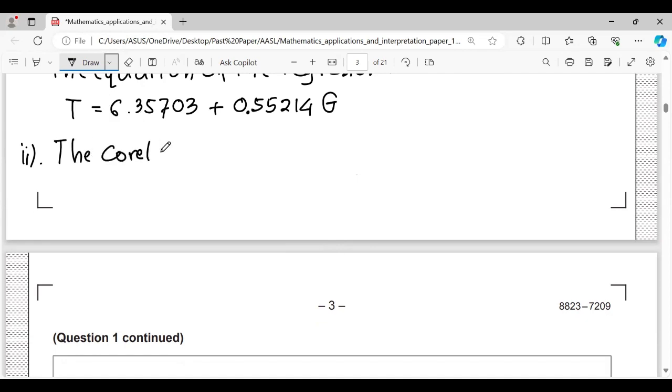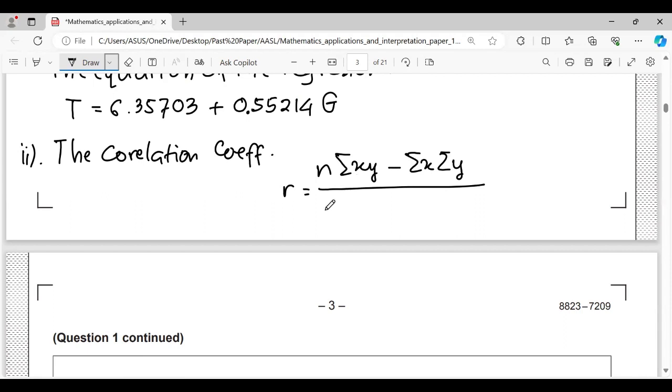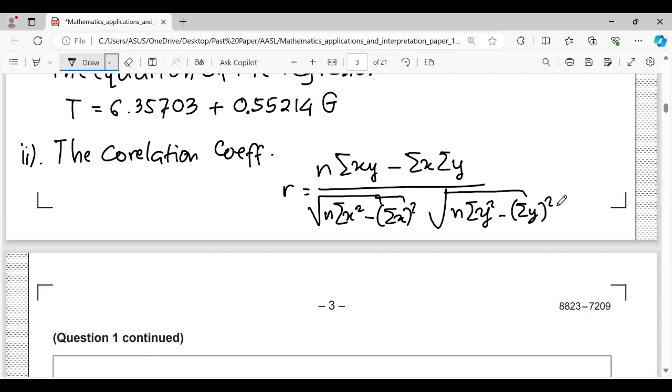The correlation coefficient formula is r equals n times sigma xy, minus sigma x times sigma y, over the square root of n times sigma x squared minus sigma x, squared, times n times sigma y squared minus sigma y, squared.